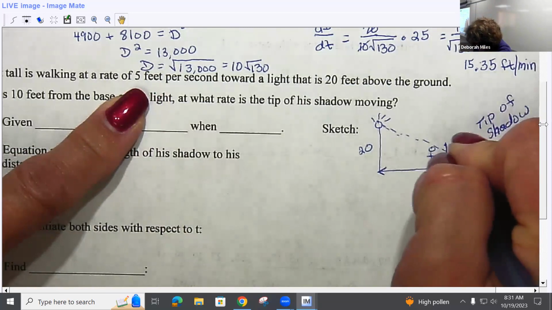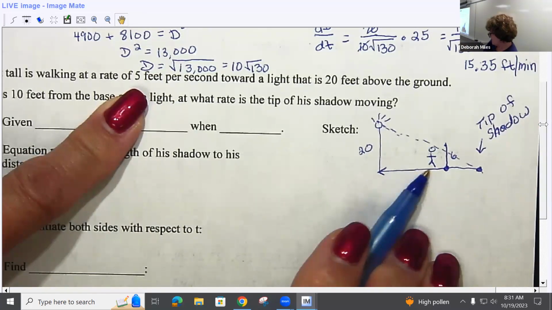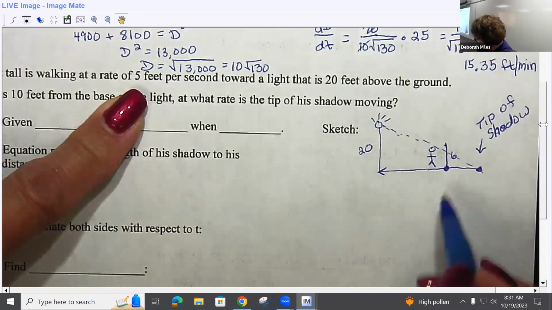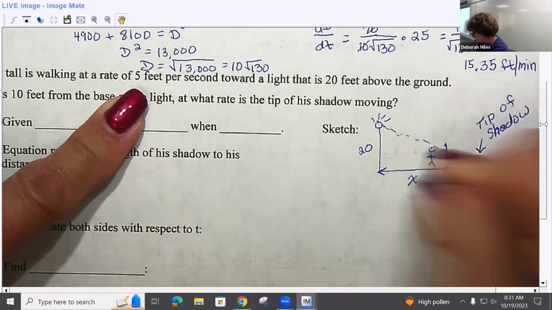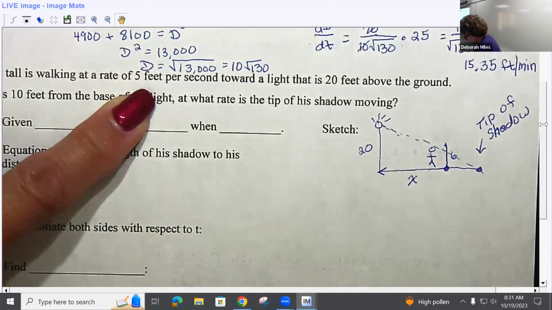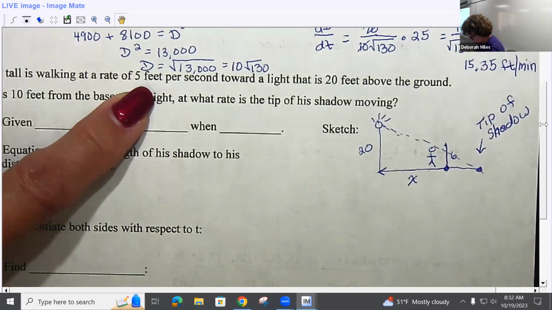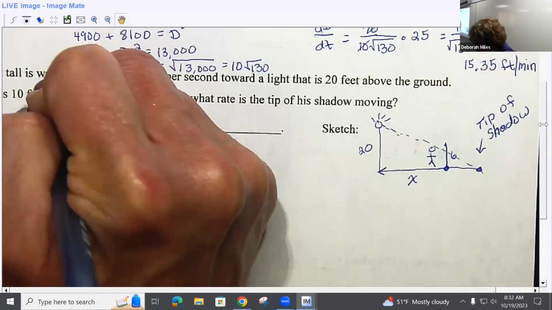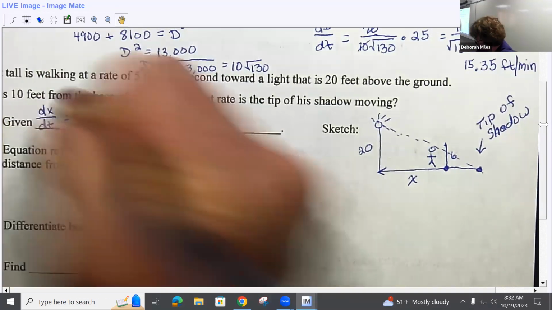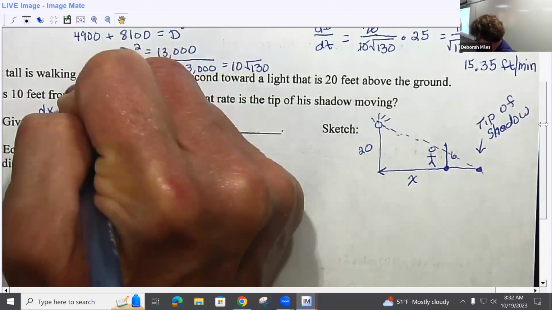Okay, even though I have him standing right there, let's call this his distance from the light. So call that X. And then what could we use as a label for that 5 feet per second? Sounds good. Given dx over dt is 5 feet per second.